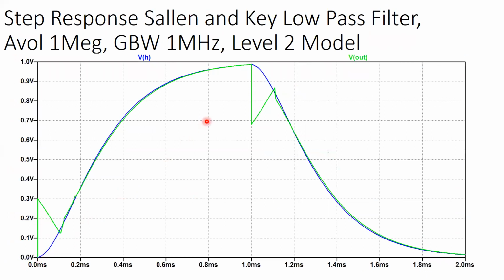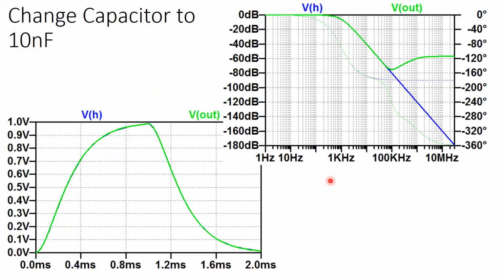It jumps up, it comes down. It's a mess. It doesn't work at all. All right. So Sallen-Key filters can be great. It saves you an op amp, but you really have to understand what's going on at the gain bandwidth and choose the model properly so that you don't get this.